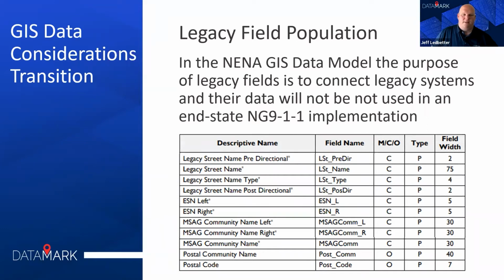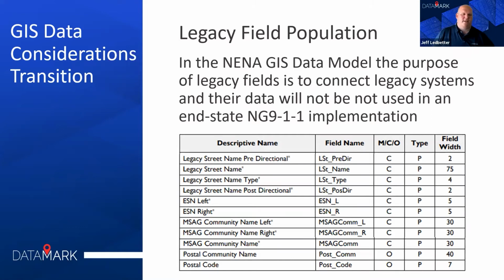In the MSAG though, it's a free-for-all. They could put it in any place. They could put it as a part of the street type. They could put it as part of the street name. I wouldn't put it past any MSAG owner to have tried to put it in a post-directional either. Crazy things happen.